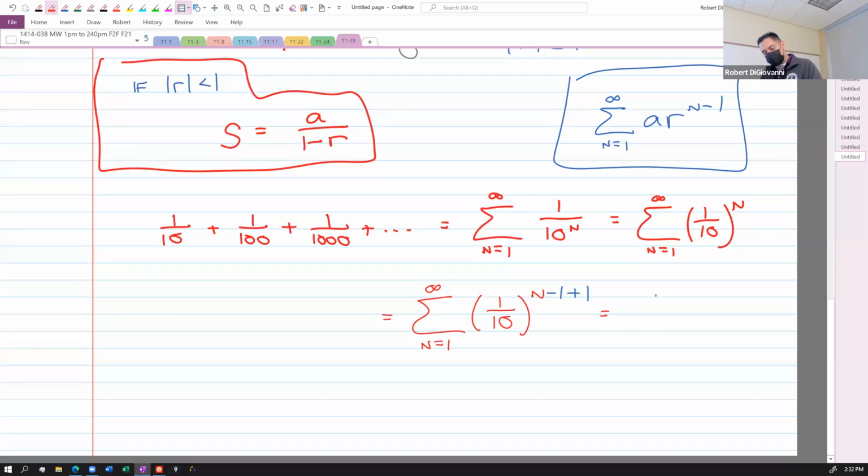But that equals the sum n equals 1 to infinity. Now I've got a (1/10) to the n minus 1, right? And a what? And a 1/10 next to it. So I'm going to write it this way, 1/10 times (1/10) to the n minus 1. And now does that look like geometric? Yeah.